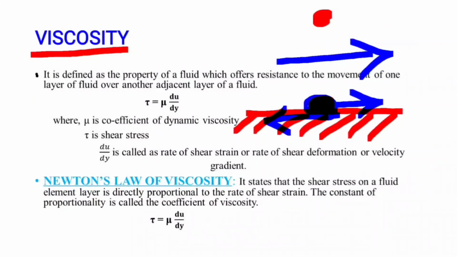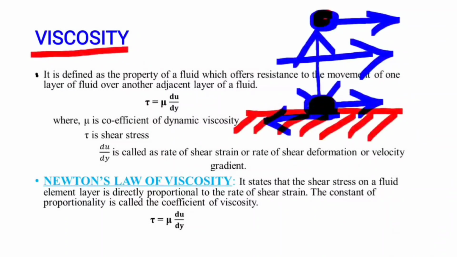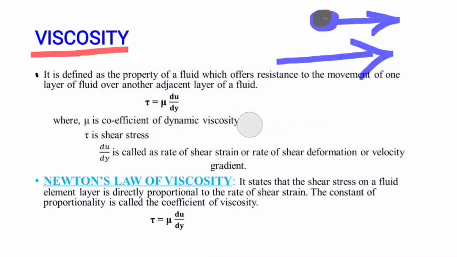This is due to viscosity. If you take the top particle in the flow, it can move because the viscous force, the resistance to flow, reduces as you move upwards. I hope it is understood.